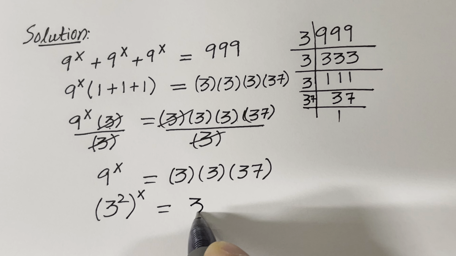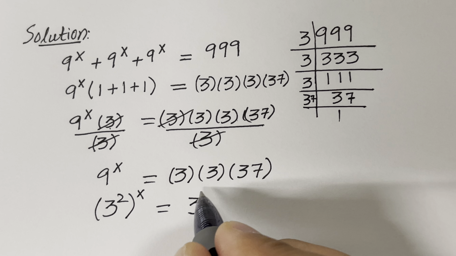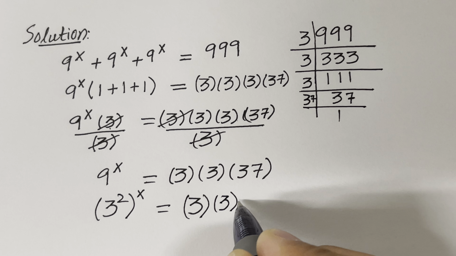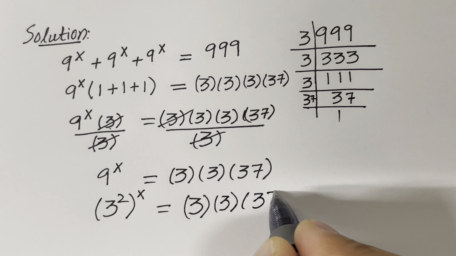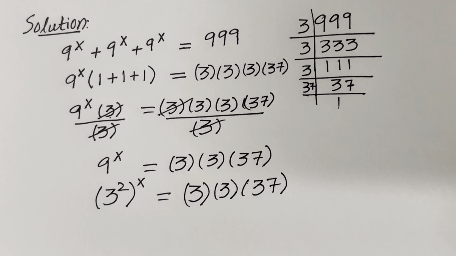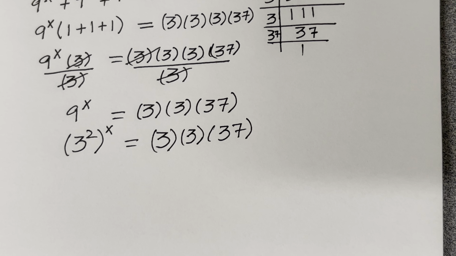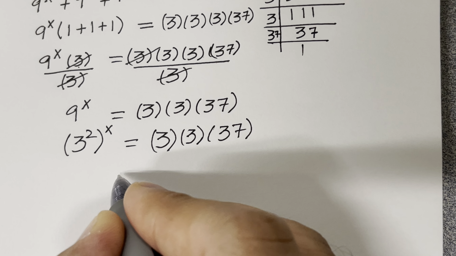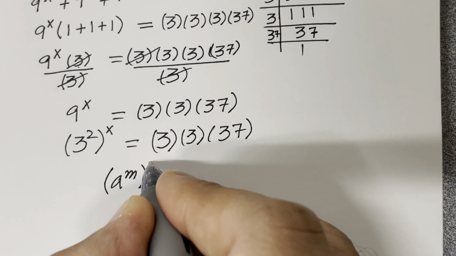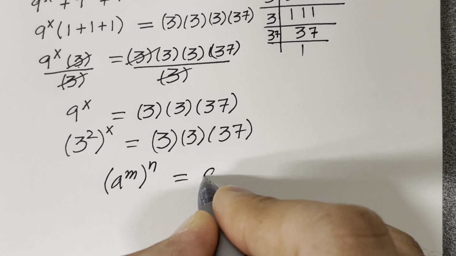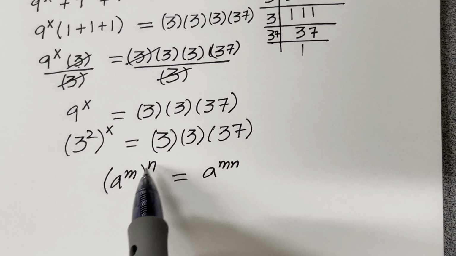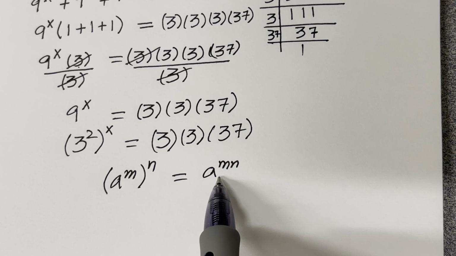And on the right hand side we can write this as 3 times 3 times 37. Now I'm going to use this property: if we have a raised to the power m raised to the power n, that is equal to a raised to the power mn. It means if you have powers of powers, then just multiply these powers.